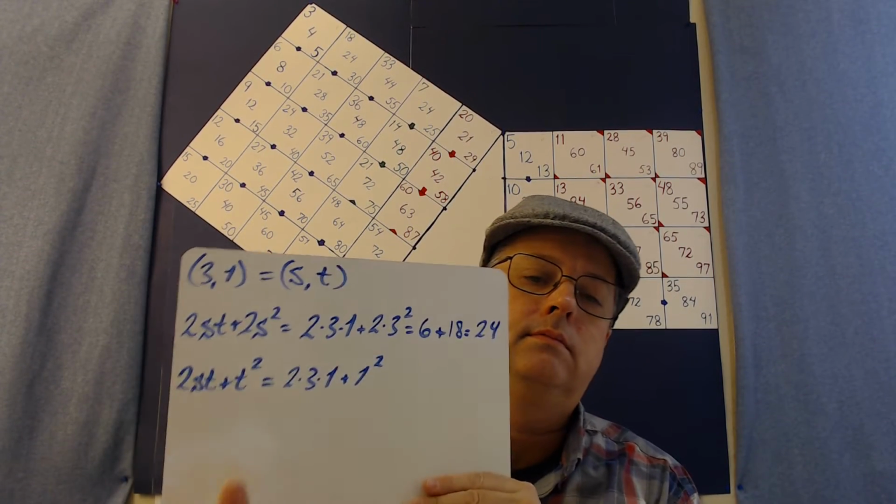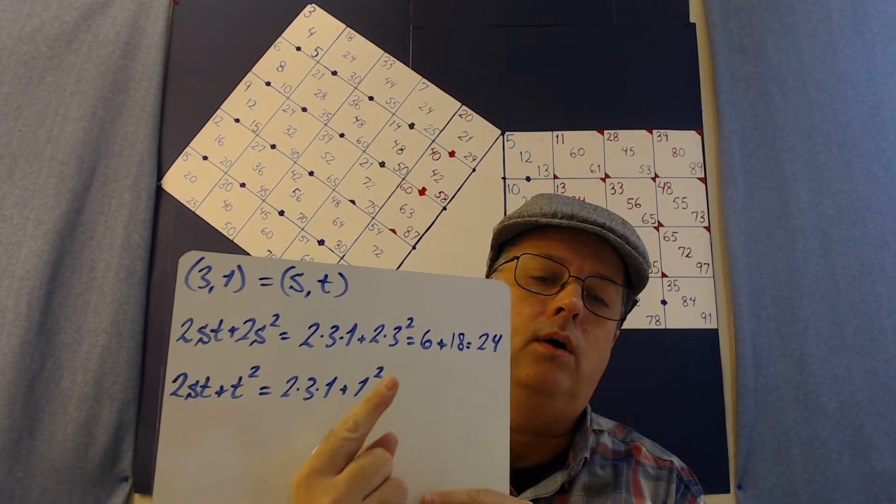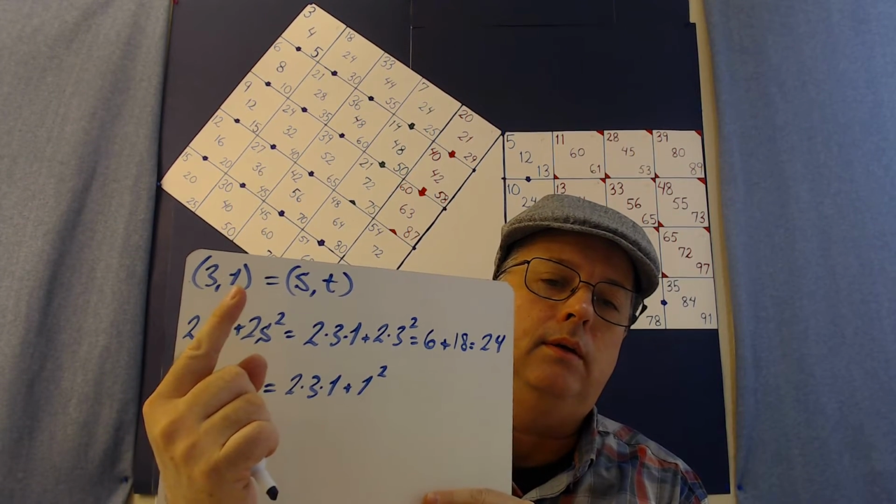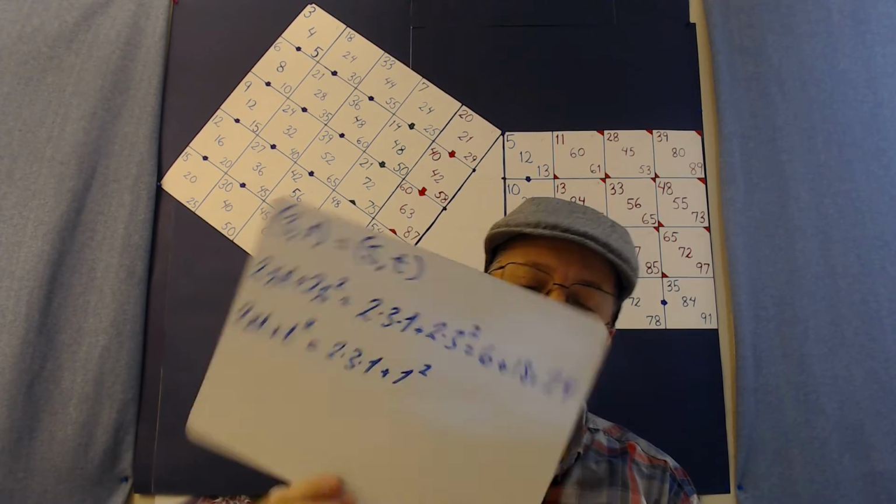This is 2st plus t squared, and that's 2 times 3 times 1 plus the t value is 1 now. Okay. And so 1 squared for the t value here. And so then here we get 6 plus 1 equals 7.